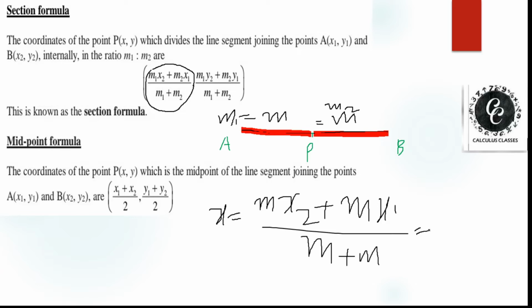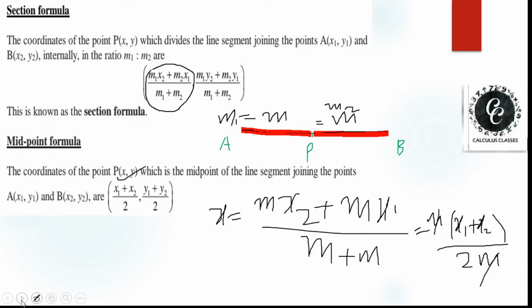You can take m common. In the bracket will come x1 plus x2, I changed the order. And in the denominator m plus m, so the m will cancel. The formula becomes x1 plus x2 upon 2.